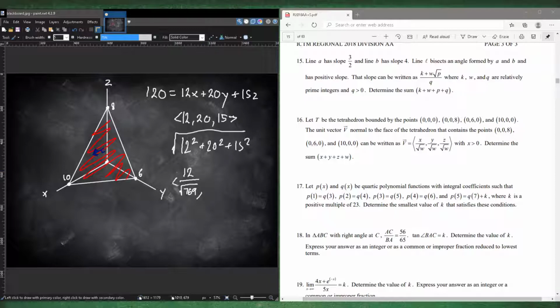And that is our unit normal vector: 12 over square root 769, 20 over square root 769, and 15 over square root 769. So we know what our x, y, z, and w are, so add them together: 12 plus 20 plus 15 plus 769, and you get an answer of 816 for our number 16.